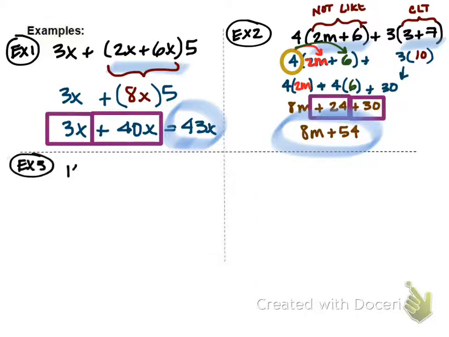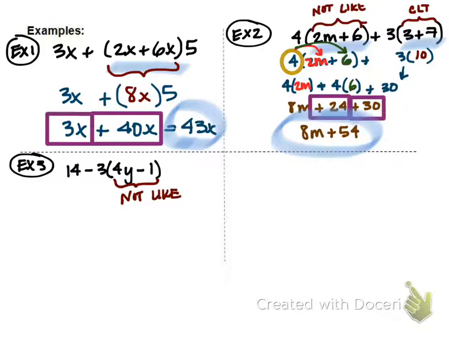So example number 3, we have 14 minus 3 times the quantity 4y minus 1. Now in this case, I am going to look to see if I have any like terms inside the parentheses as my first step, because that's how I'm going to simplify. So I take a look and I don't have like terms, so I do need to distribute.